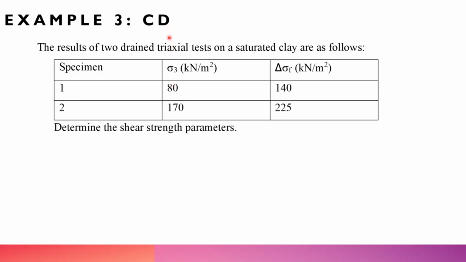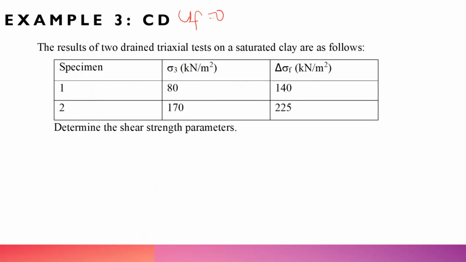So it means that the water pressure at failure will be equal to 0, because there is a dissipation of water pressure during the second stage, which means that the change of water pressure will be equal to 0. From the table given here, there's only 2 pieces of information for 2 identical specimens: sigma 3 and deviator stress.